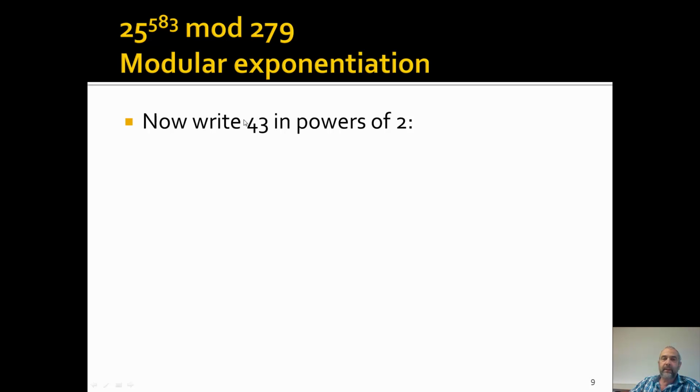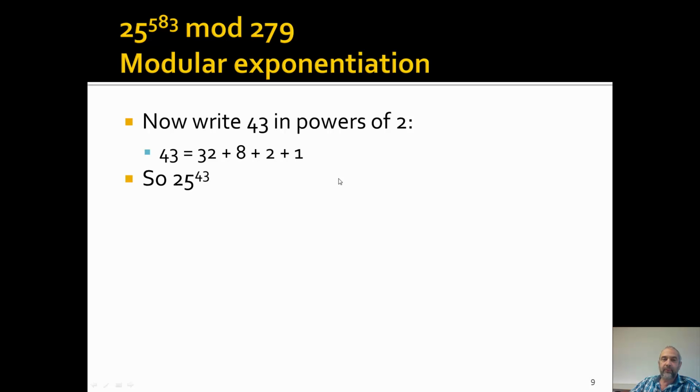What's next? Well, we were stuck with that power 43, at 25 to the power 43. So we now have to write that power 43 in powers of 2. Meaning it's 43, it's 32 plus 8 plus 2 plus 1. These are all powers of 2. 1, 2, 8, 32. That's 43.